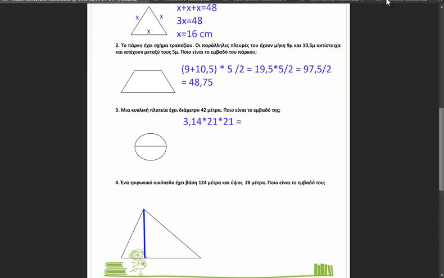Now, we're going to need to do this vertically, actually, but just to save you some time, I'm going to do it on a piece of paper here. So 21 times 21 will give us 441. And then we're going to need to multiply 3.14 by that.